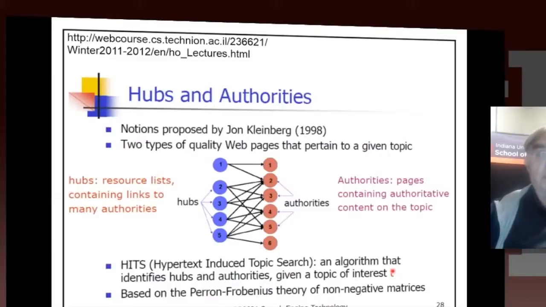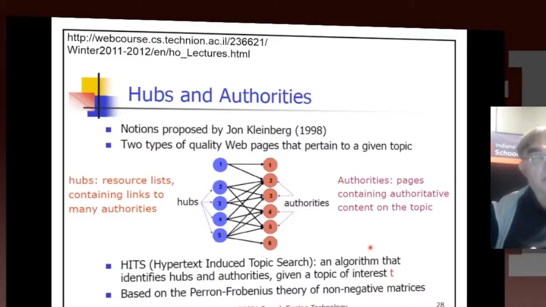That's often what you want, but one way of getting such authoritative information is to go to a hub, which is a list of multiple links, each of which is relevant to a particular topic. And so HITS was an early technology which took a topic and found you hubs and authorities.